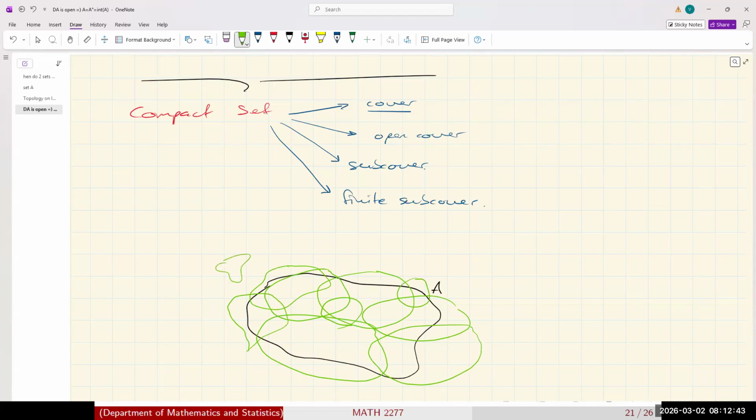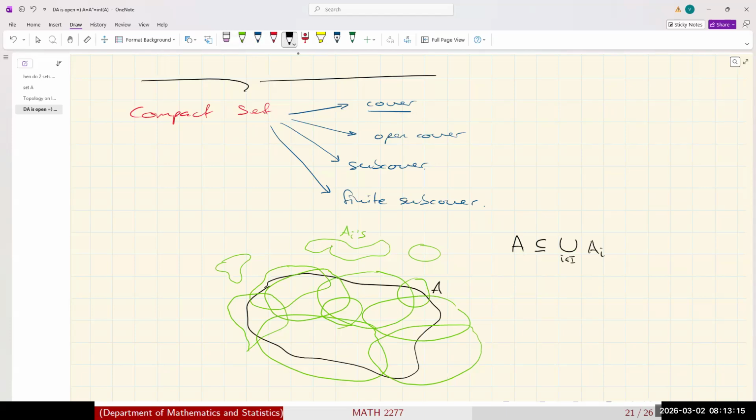And I can have some sets out here. This is fine. So let's call these green sets A_i. I would say that A is contained in the union of the A_i, where i is from some index set.